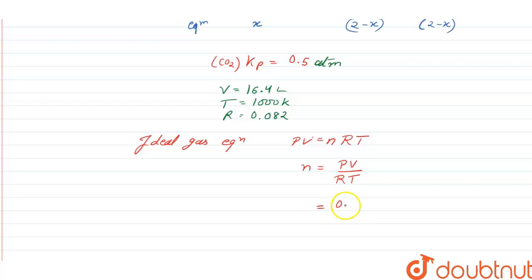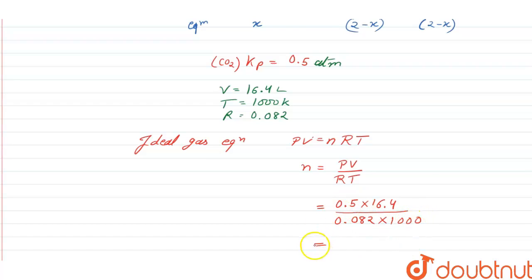Pressure, let's put the value, that is 0.5, into temperature, sorry, we have to put here volume, not the temperature. The volume is 16.4, then divided by R value, that is 0.082, into temperature given, that is 1000 Kelvin.